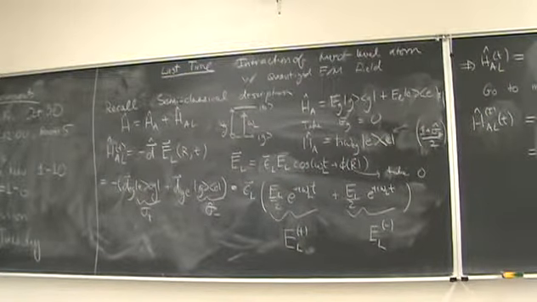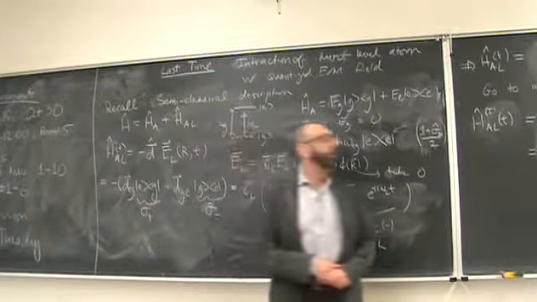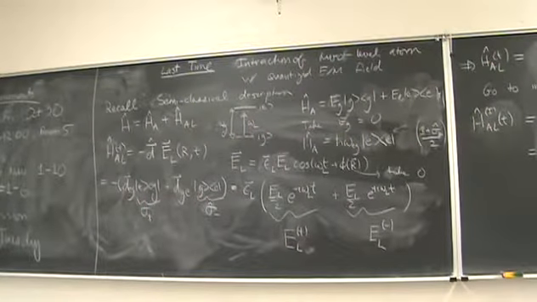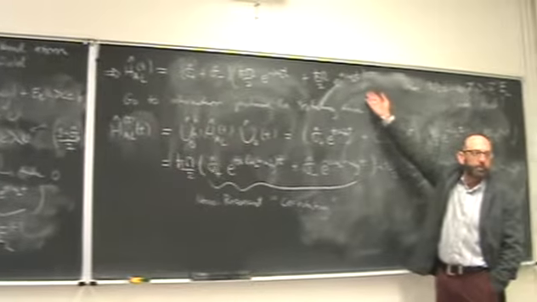Okay? So then when re-expressed in terms of the Pauli pseudospin representation, that interaction Hamiltonian could be written as such, okay?